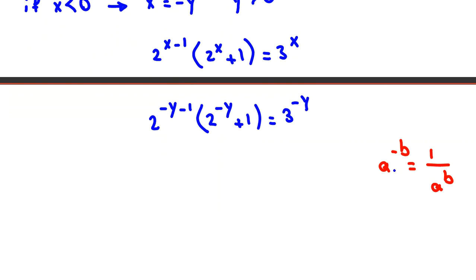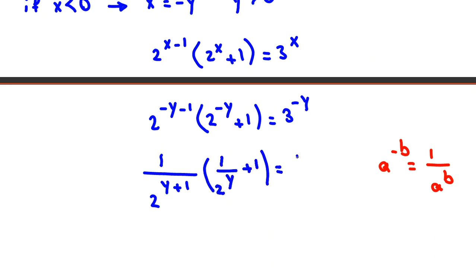We use the power rule: a to the negative b is 1 over a to the b. So I can write 1 over 2 to the y plus 1, times 1 plus 2 to the y over 2 to the y, equal to 1 over 3 to the y.